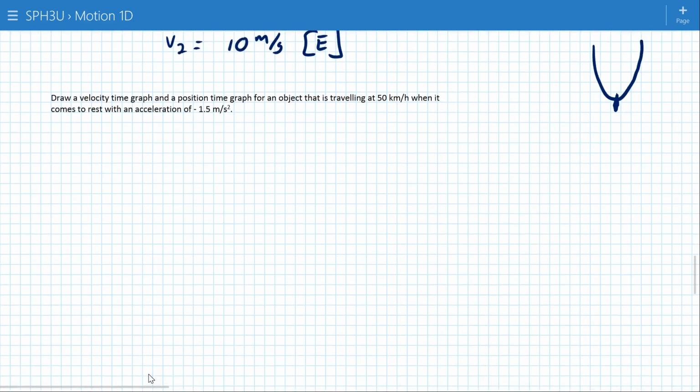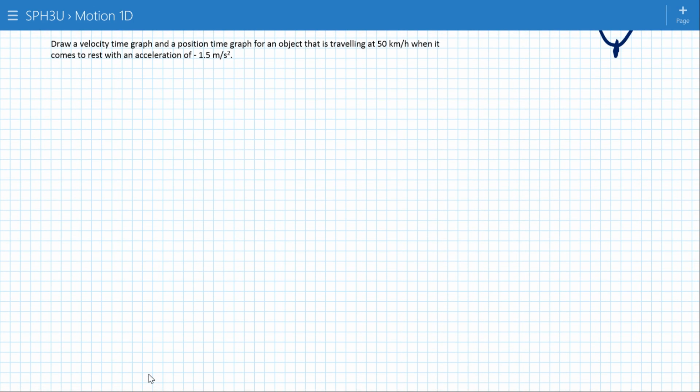Let's do another one. Draw a velocity time graph for an object that is traveling at 50 kilometers per hour when it comes to rest with an acceleration of 1.5 meters per second squared. So v1 here is 50 kilometers an hour. We need to be careful not to mix units. 50 kilometers per hour in meters per second is 13.9.